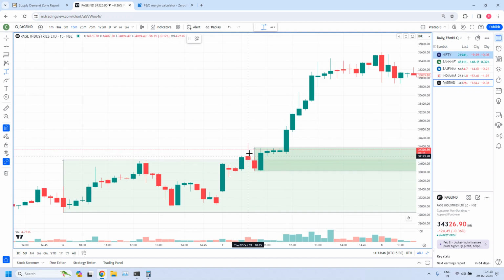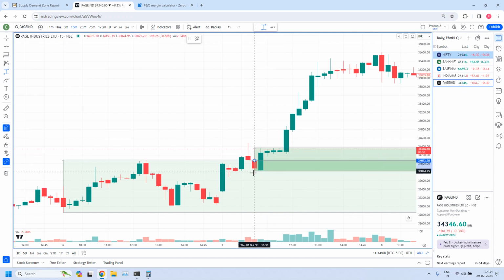Or if you want to consider this as an ERC candle, maybe the length, length means range, is a little bigger. See, compare these two candles. This candle's range is bigger than this medium size. So anyway, you can draw a zone like this.